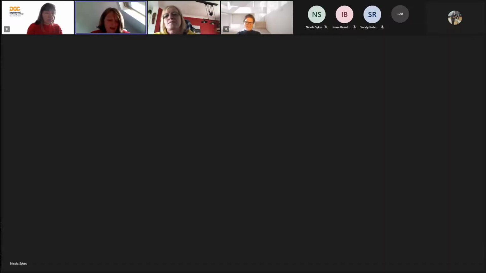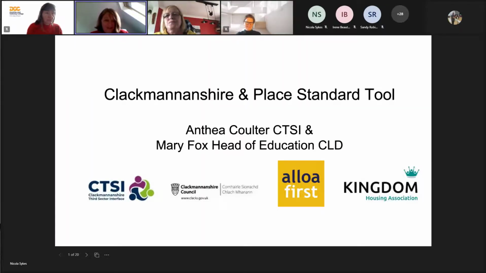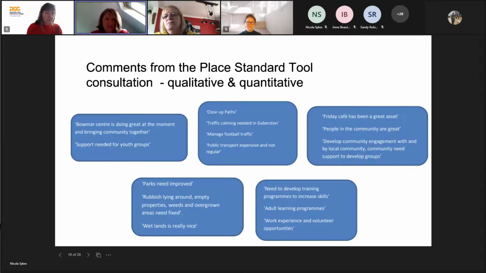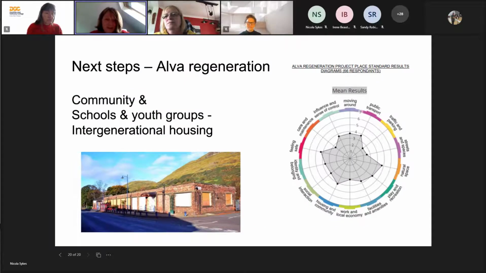I think the next steps for us is definitely using the Place Standard 2 more. It will be able to judge the business improvement district in particular, as they progress through their 5-year period. And Alva, which is another Hillfoots town, used the tool back in 2019 to look at regeneration, and they're now going back and using it with younger people because they're looking at creating intergenerational housing, and that's on the screen there.